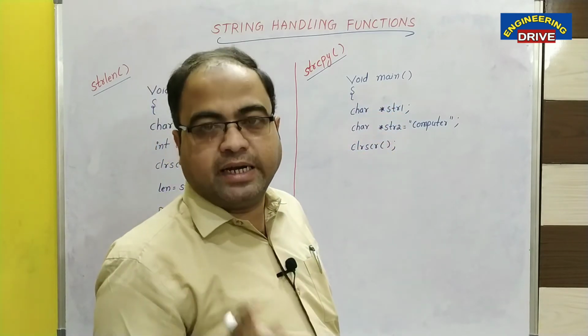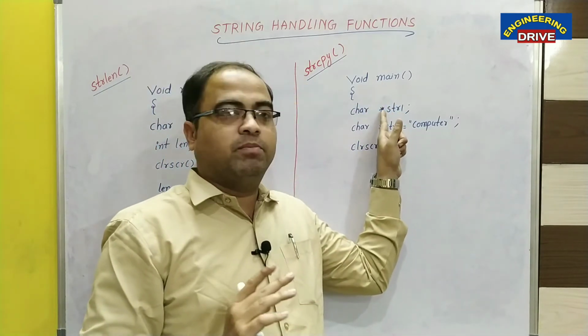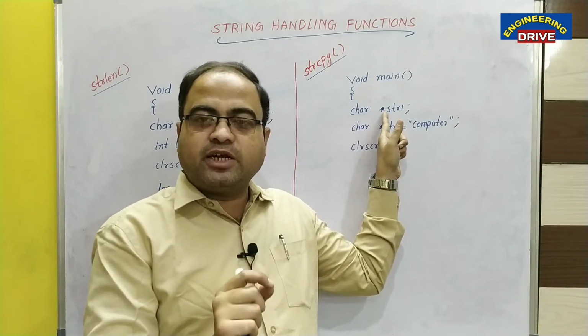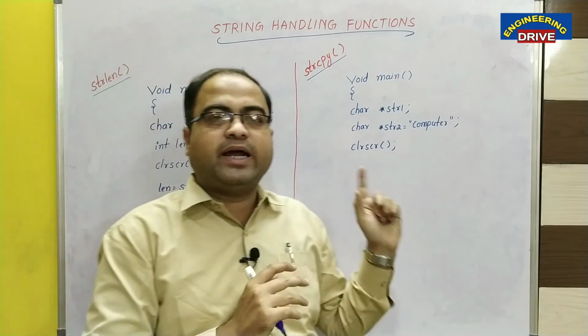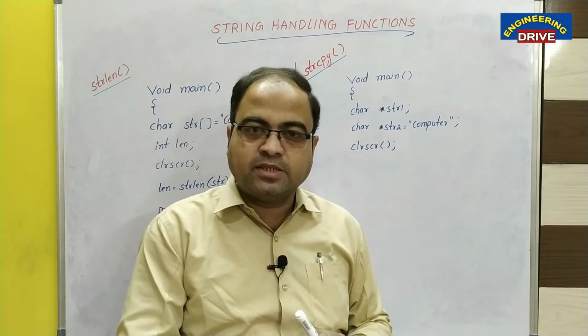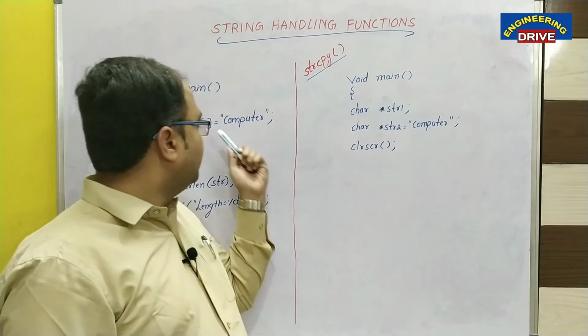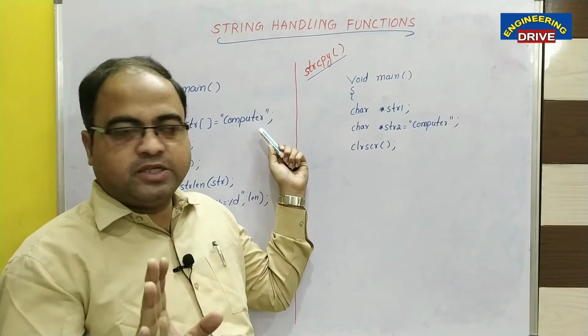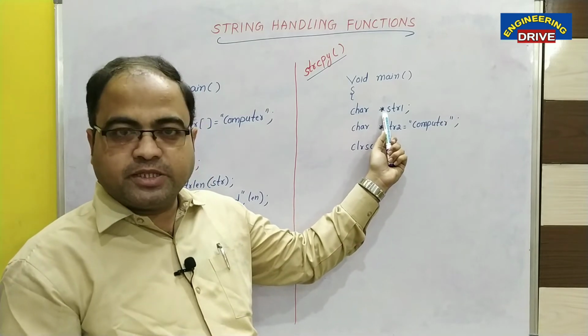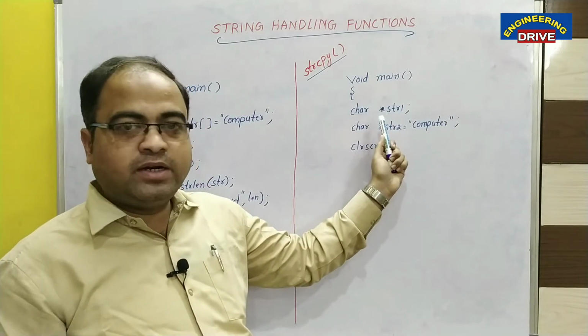Size will be allocated dynamically. When we use the pointer symbol, the size for the string will be allocated dynamically. When we use the bracket method, either we need to give the size, a fixed size, or by using the value in the string, the size will be calculated. Is it okay? So I am using the pointer based method here, char star str1.